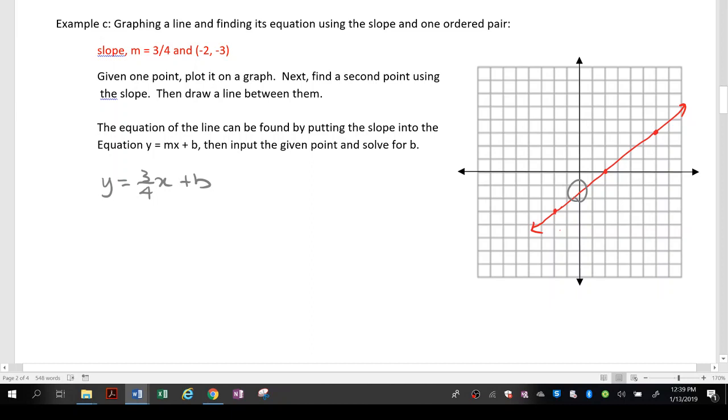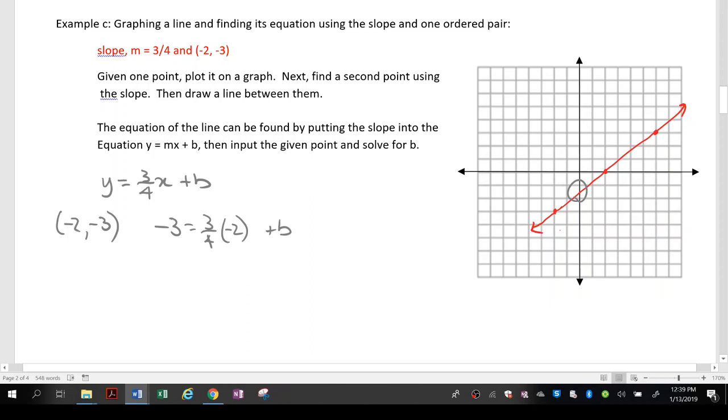So let's do this in the same way, taking this point -2, -3, and putting it into our equation here. So -3 is equal to 3 over 4 times -2 plus b. And let's solve for b now.